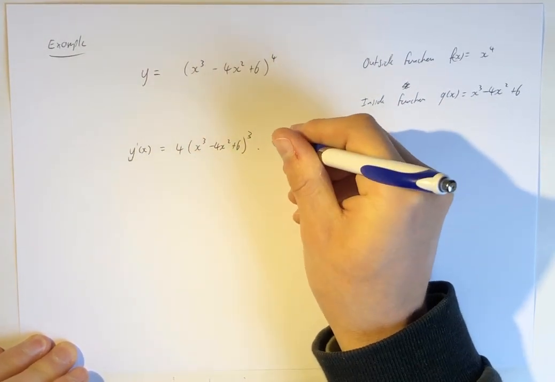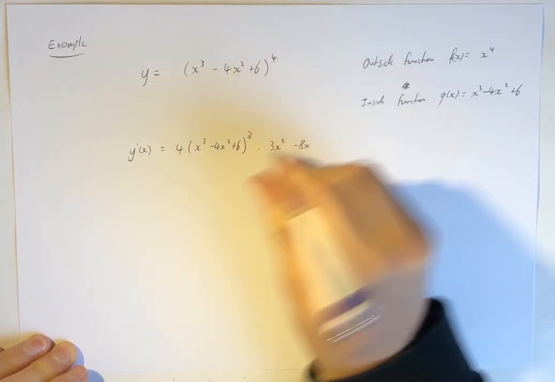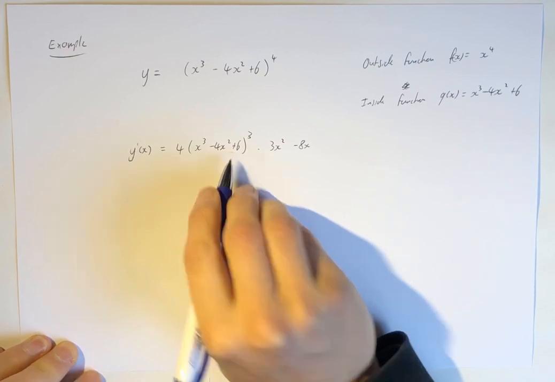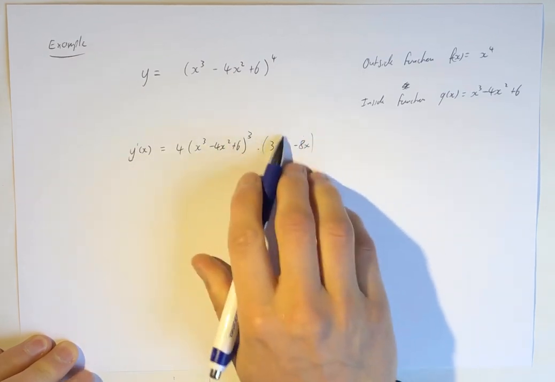So times by 3x squared minus 8x, and that 6 would be its derivative 0, and we bracket that because we have to times by that whole thing.